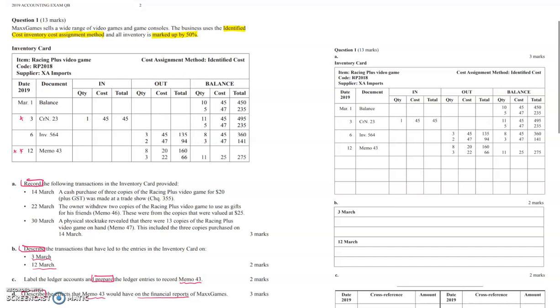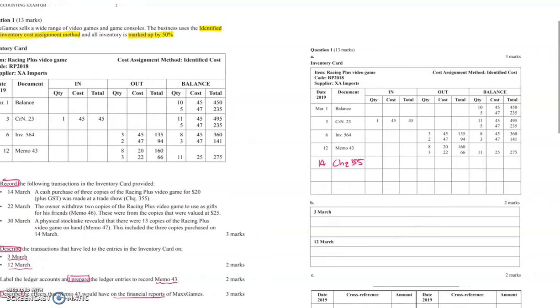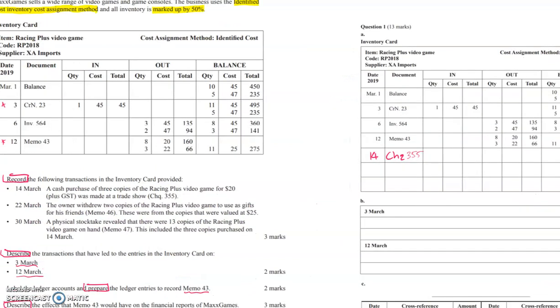So the first one, we know the date is the 14th of March. The source document is check 355. And so check 355 is for a cash purchase. So this is going to be inventory coming in. So we have 3 units coming into the business, and these cost $20 plus GST.